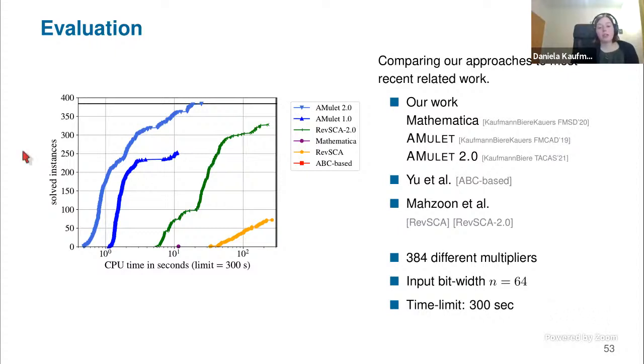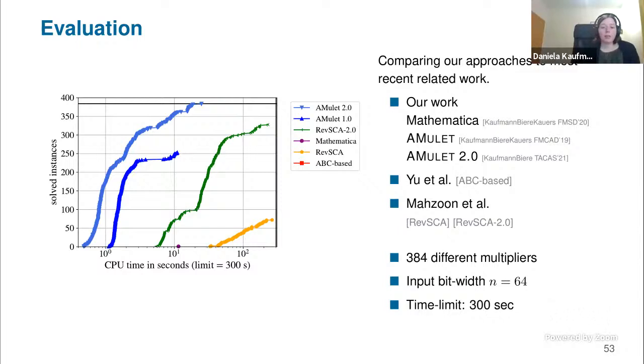With the computer algebra system, we were only able to solve the most simple multiplier architecture out of these benchmarks. With our reduction engine, AMULET 1, and especially AMULET 2, we made a big jump, and AMULET 2 is able to verify the complete benchmark set.